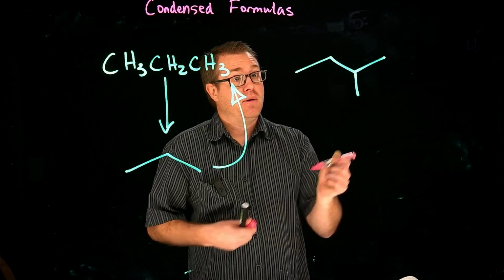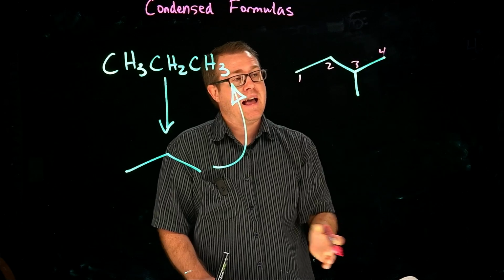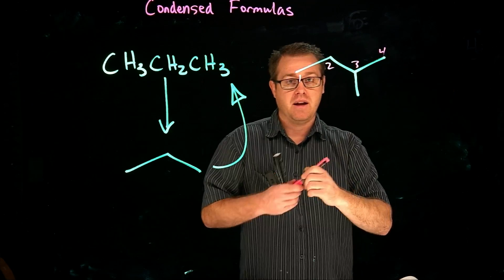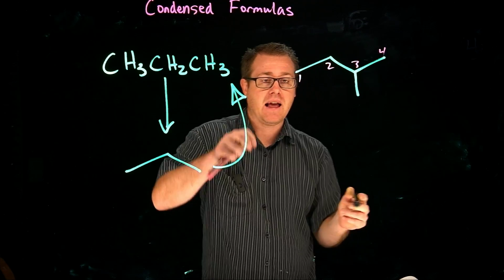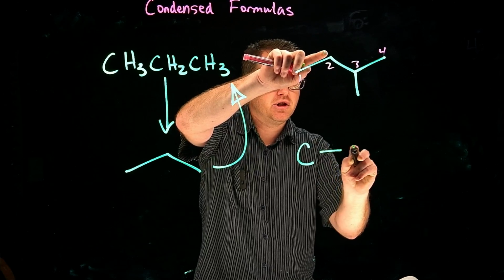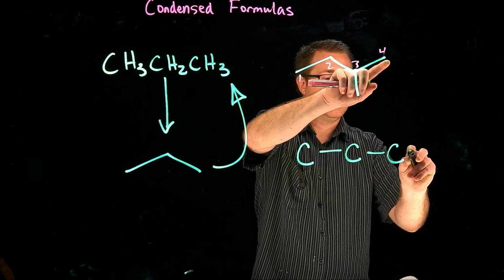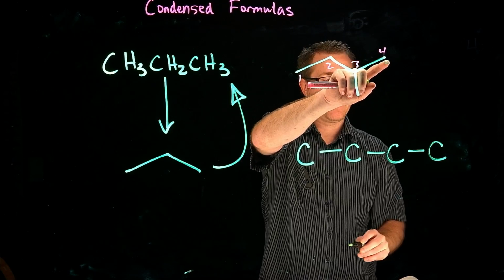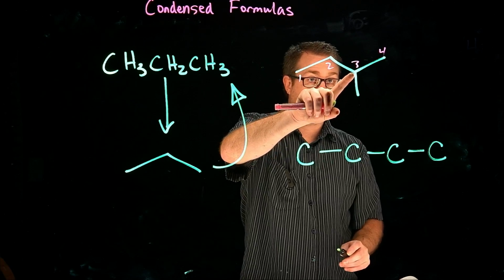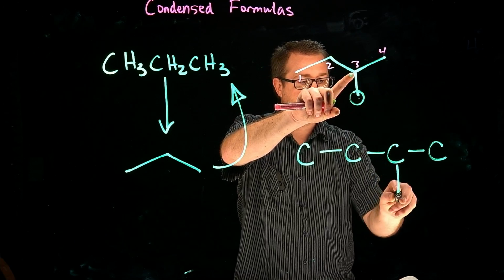I like to number carbons. There's 4 carbons in that horizontal view there. So if I draw that out, I see carbon 1 is bonded to carbon 2, bonded to carbon 3, bonded to carbon 4. And to carbon 3, there is a methyl group right there.